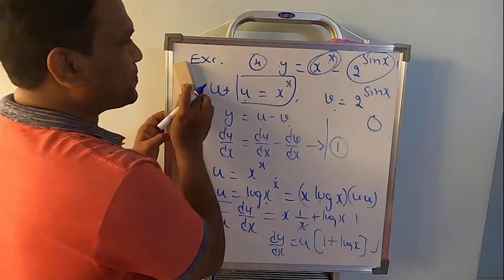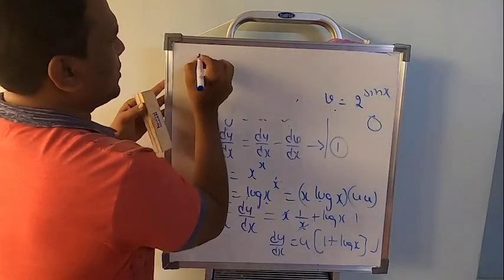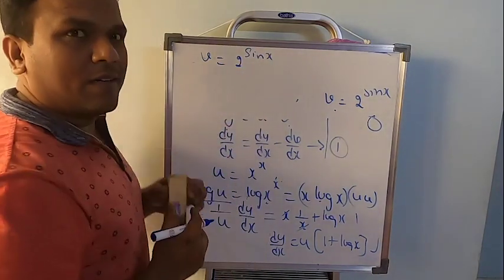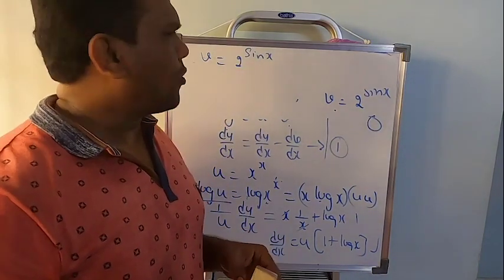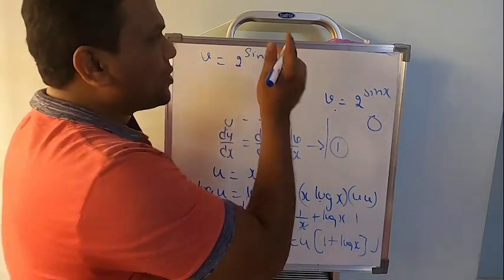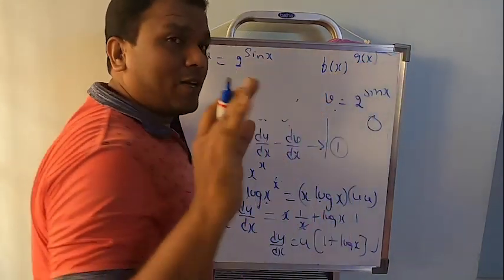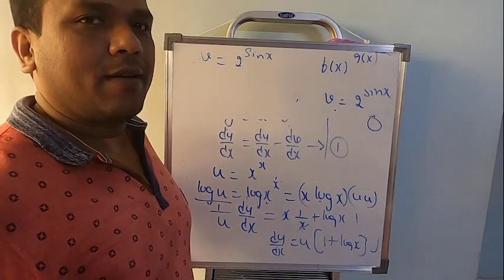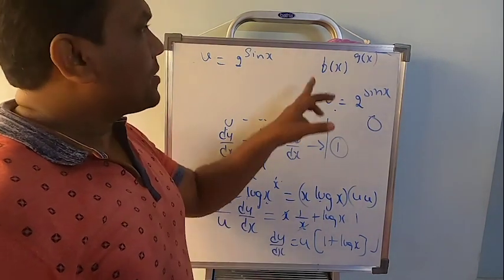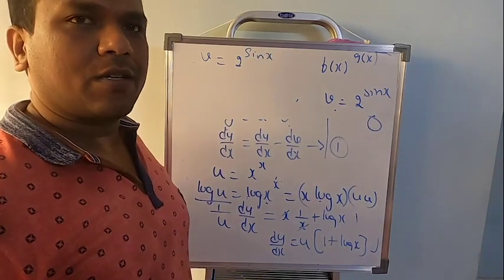Now let's consider v, which I have written here. So v is equal to 2 power sin x. Still I will say, if you want to apply log and differentiate, it's okay, but recognize it's not in the form of function to the power function. Without applying log also this can be done, because 2 is a constant to the power function.